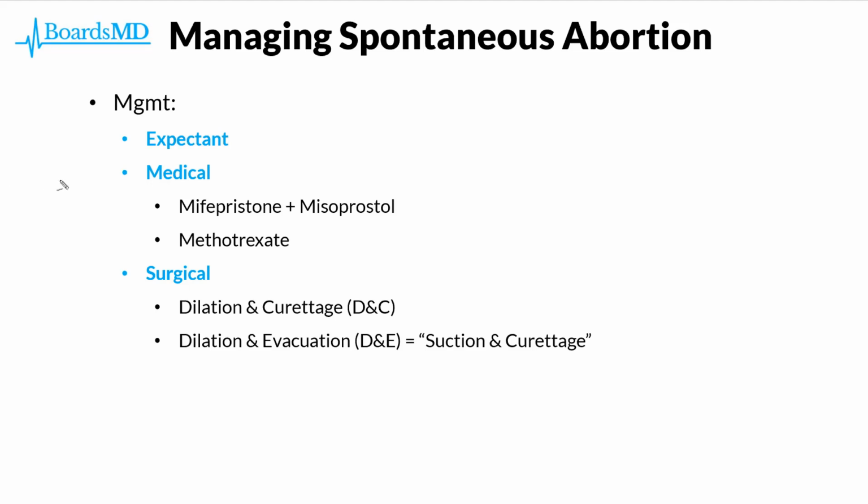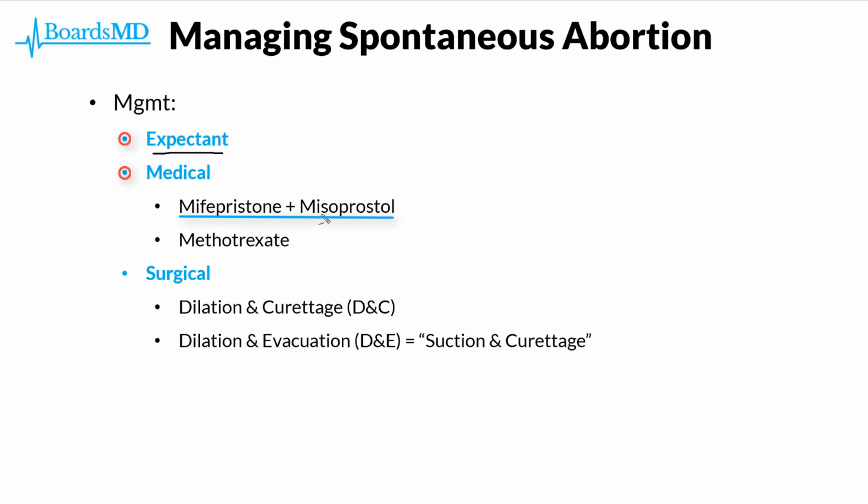These include, first of all, expectant management, in which we monitor the patient with regular follow-up, but give no pharmacologic or surgical interventions. The second type of management is medical management, in which we can use a combination of mifepristone and misoprostol.